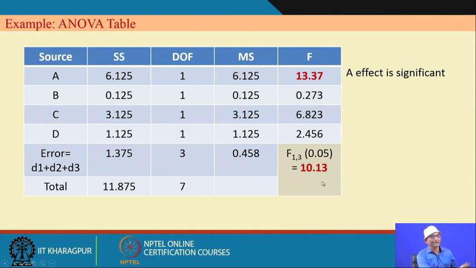Now, the theoretical value using alpha equal to 0.05, F(1,3) is 10.13. If you see the F values for all 4 main effects, only the F value for main effect A is more than the theoretical value. So, effect A is significant and other effects are not significant.